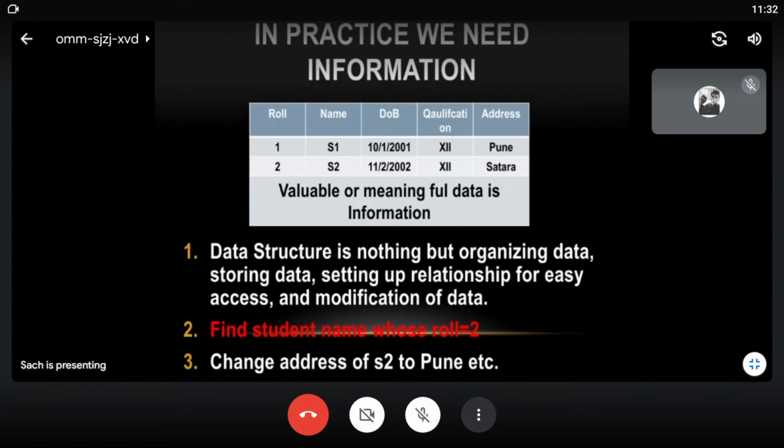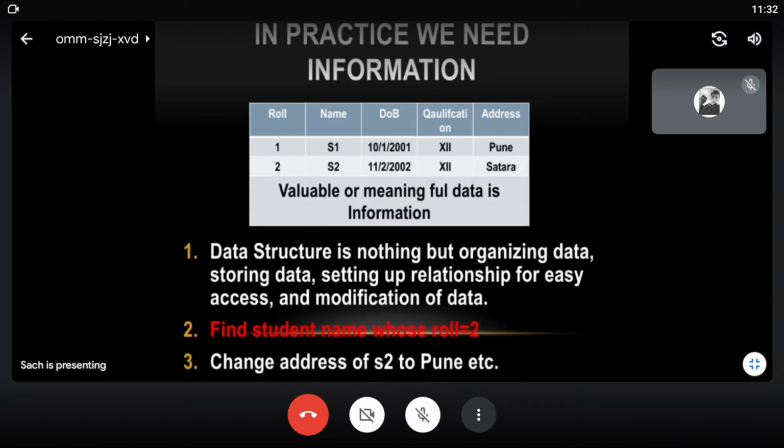You can see data structure is nothing but organizing the data, storing data, setting up relations for easy access and modification of data. So say we want the record for roll number 2. Directly we'll search roll number is equal to 2 and we can get everything about roll number 2.